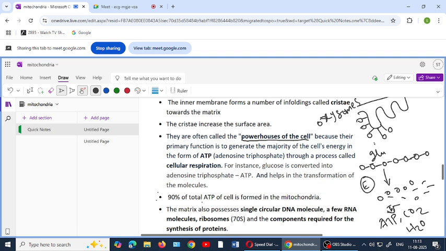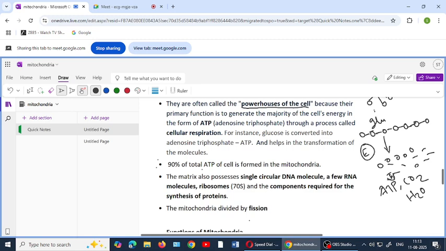And this area we already talked about. So from this, what did you understand? 90% of the energy of the cell is formed in mitochondria, formed from mitochondria or formed in mitochondria, both are the same.